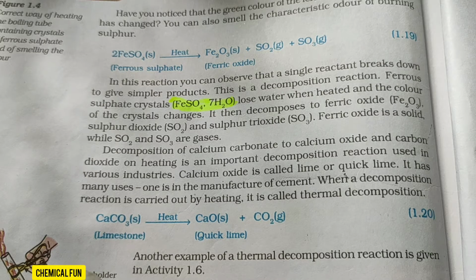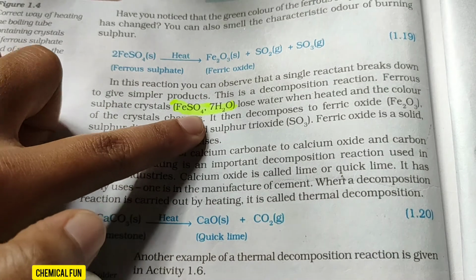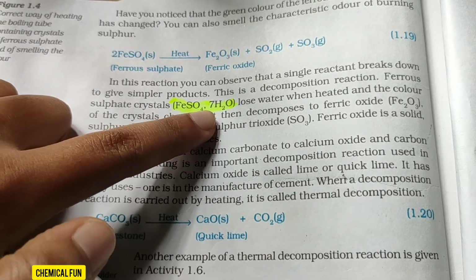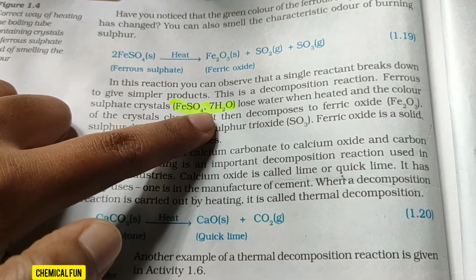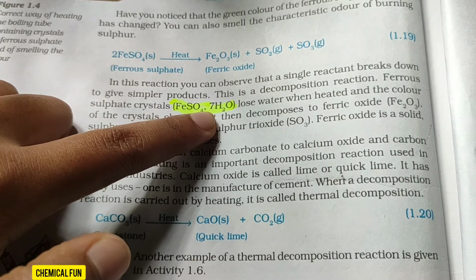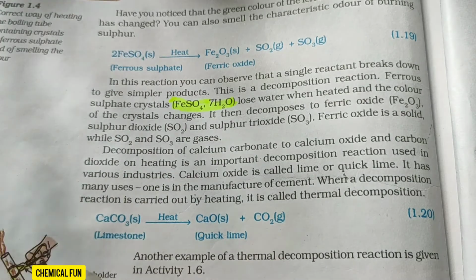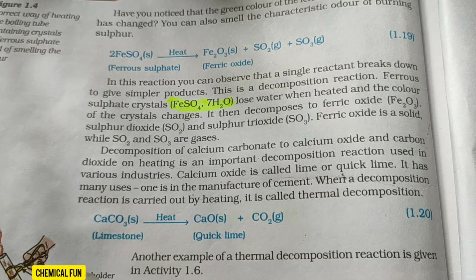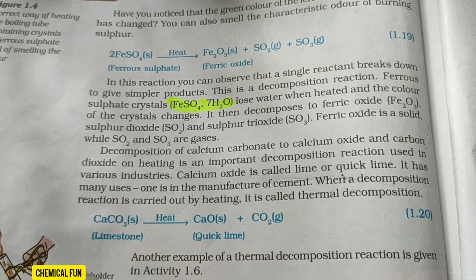Okay, so when we heat it, the water which is attached with the ferrous sulfate is lost. This water which is actually attached with ferrous sulfate is responsible for the green color of the ferrous sulfate.